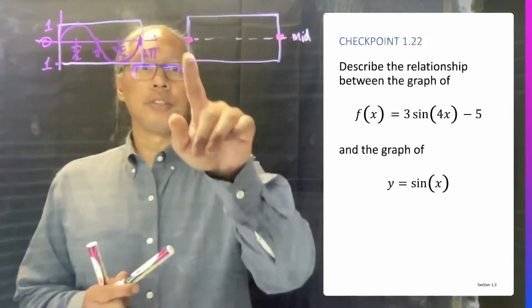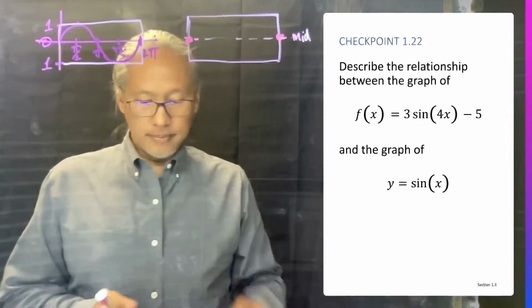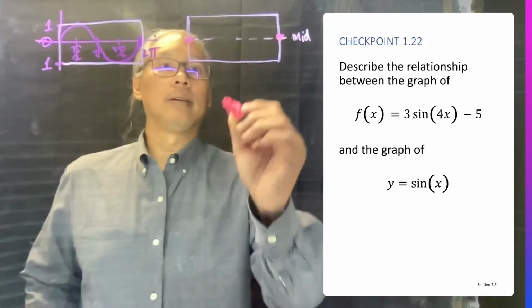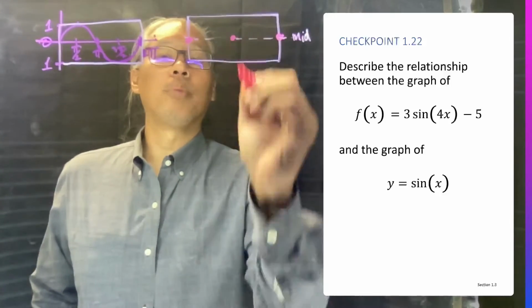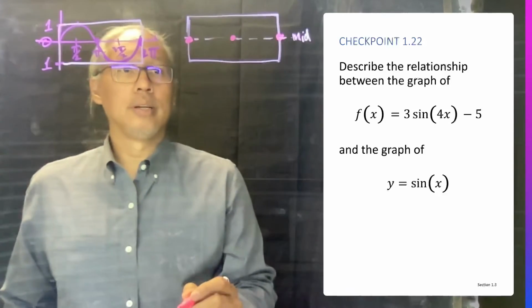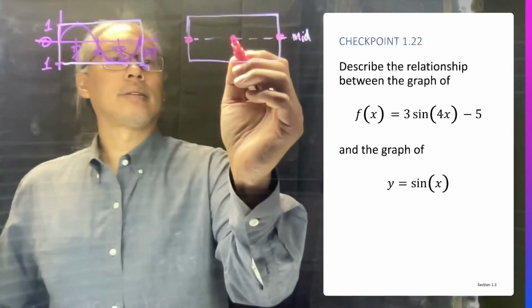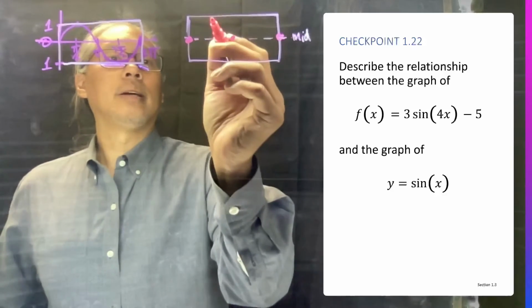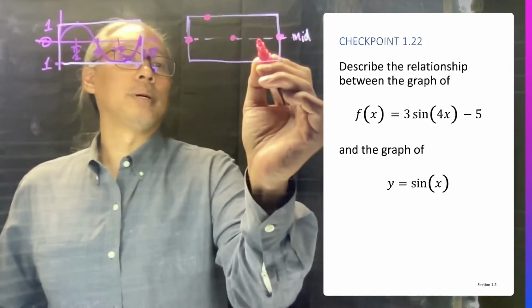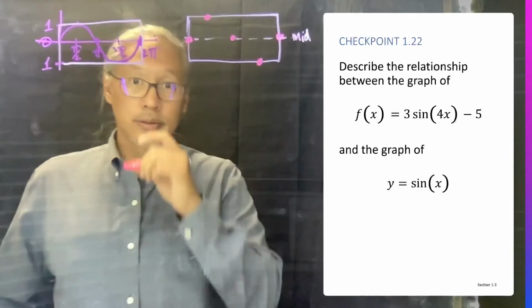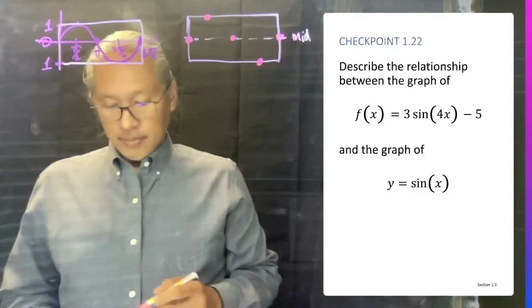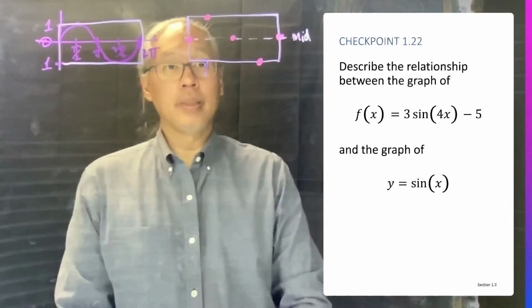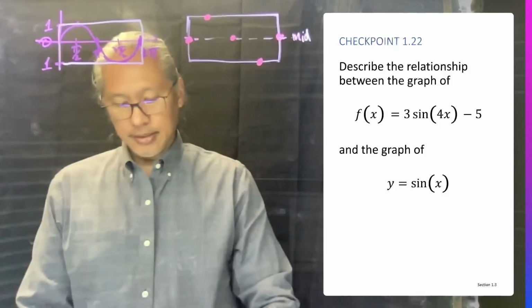And for the sine function, it starts and ends at the midline. Now it also has a midpoint, the middle point, and that crosses here, and then it has a maximum and a minimum at those values. All right. Now let's identify these things.